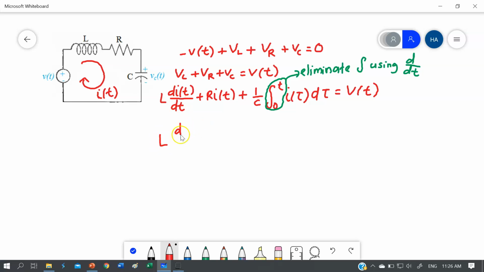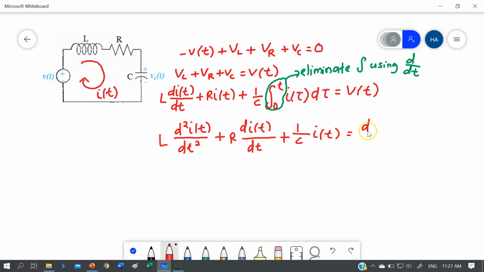So this will be L d squared I of t over dt squared plus, differentiating the current, R dI of t over dt plus, now this integration is eliminated by the differentiation, so you are left with 1 over C I of t equals dV of t over dt. This is the differential equation that represents our RLC circuit.